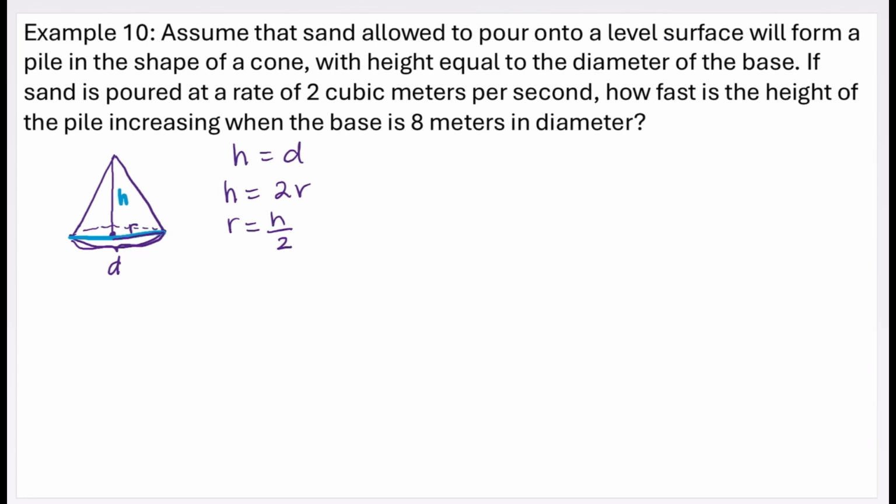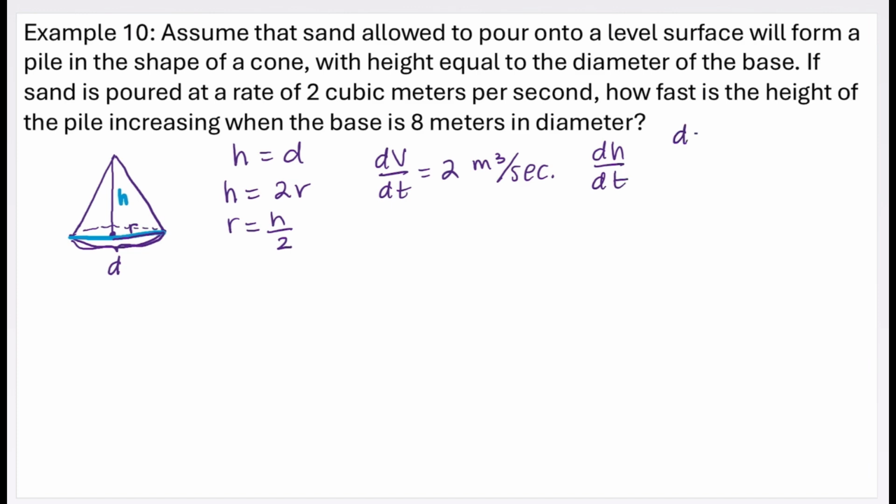And then the sand is poured at a rate of 2 cubic meters per second, so that's volume. So the volume, dV over dt, is increasing 2 cubic meters per second. How fast is the height of the pile increasing? So we're looking for dh over dt when the base is 8 meters in diameter.